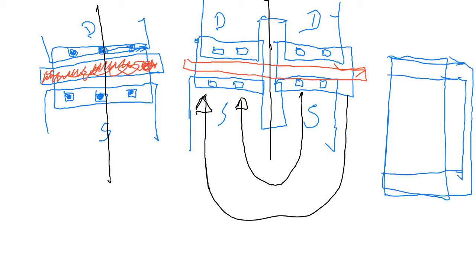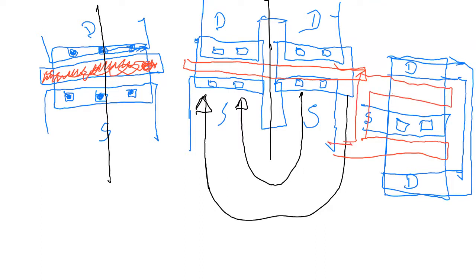And we overlap the sources because they are the same electrical node, so we can overlap them. Okay? And then the gate goes something like that. Okay?